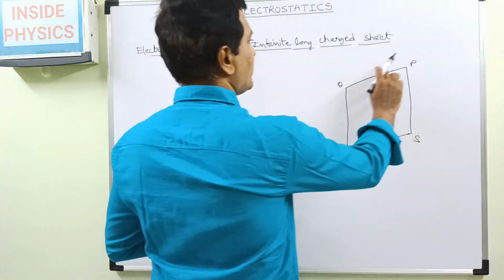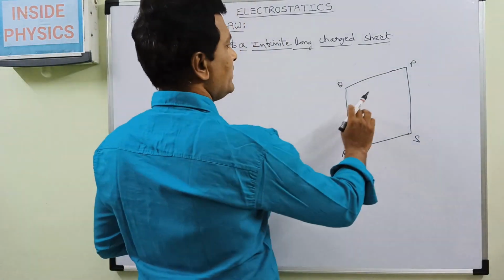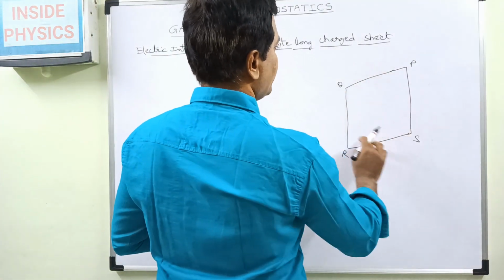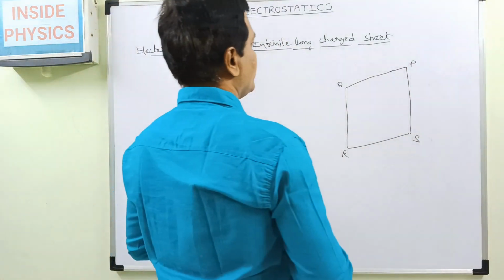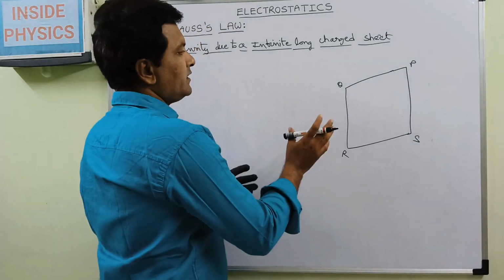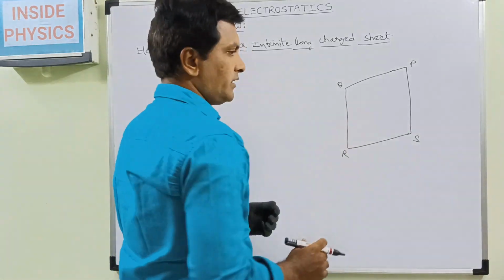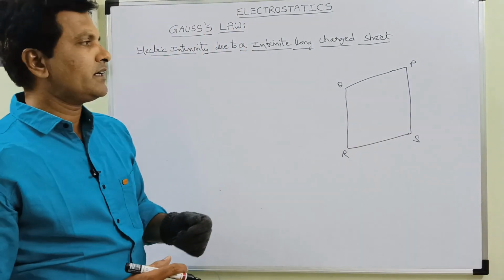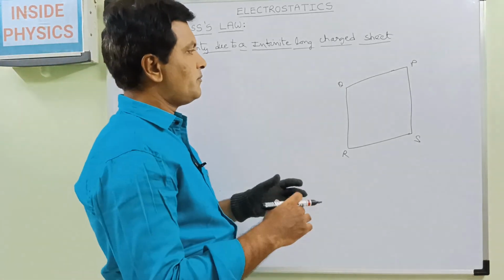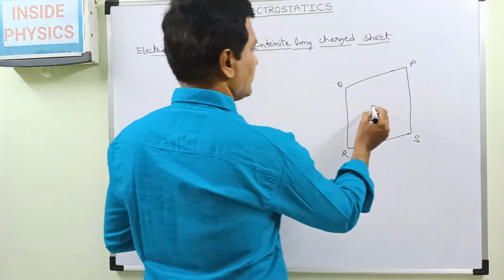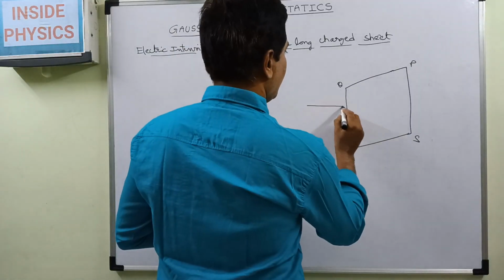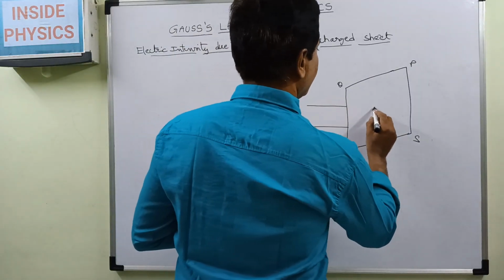This is just for our consideration, we will take this finite sheet as PQ with boundaries PQ, RS. In this sheet, again we will take a Gaussian surface in the form of a cylinder. Okay, a horizontal cylinder.